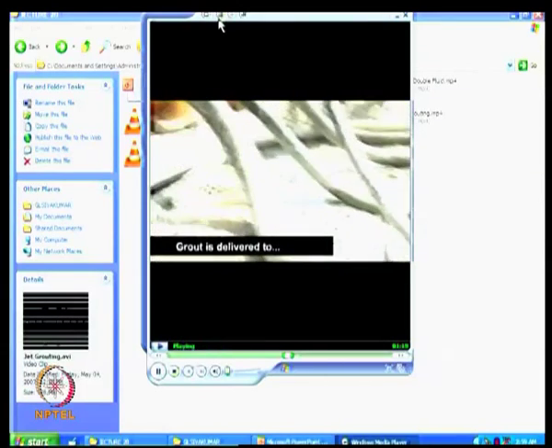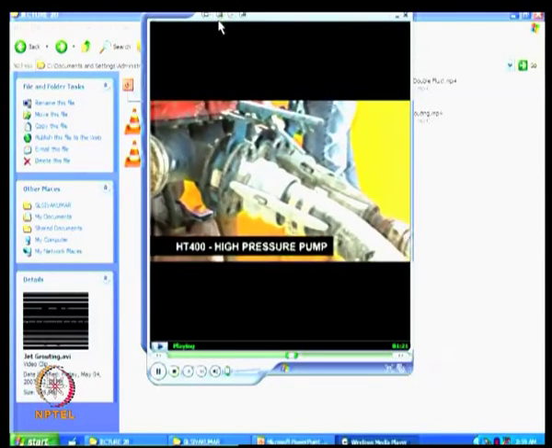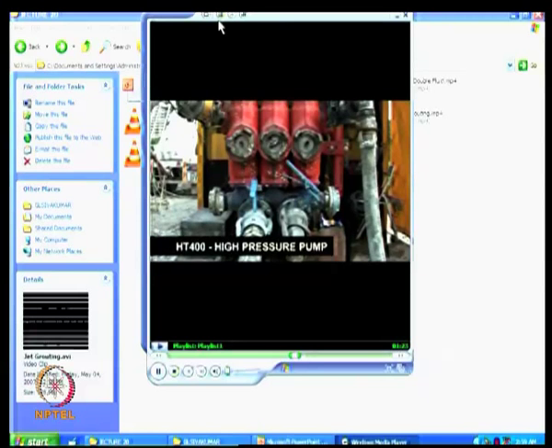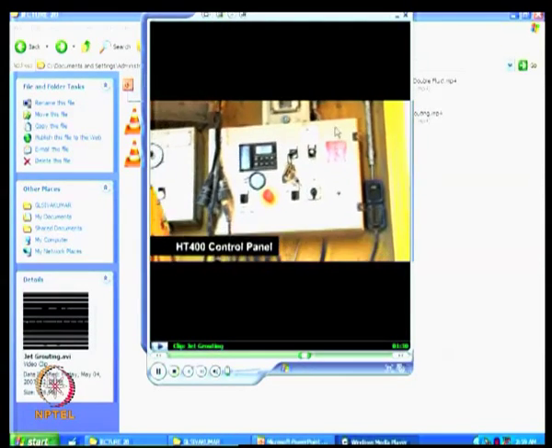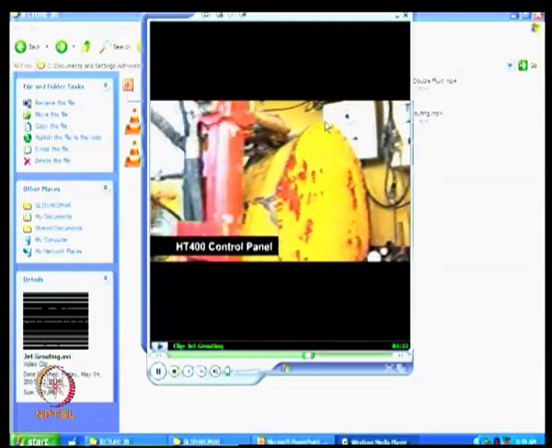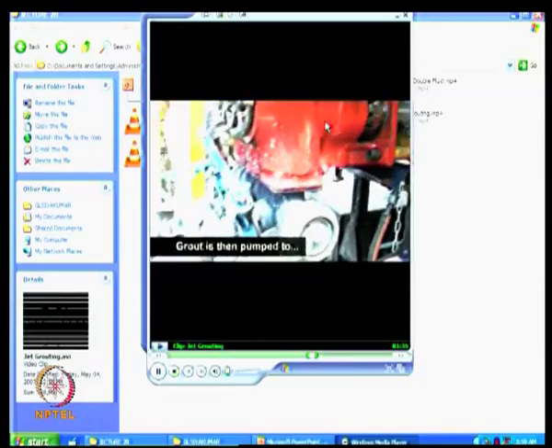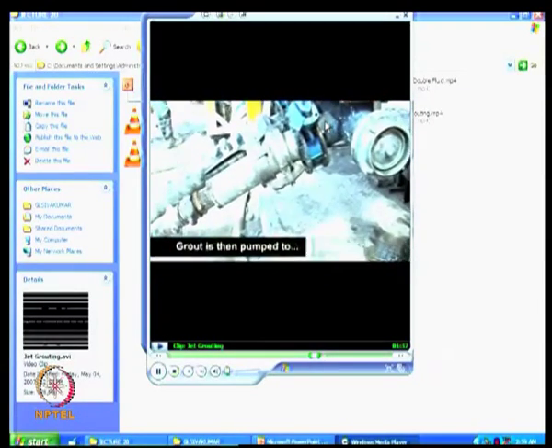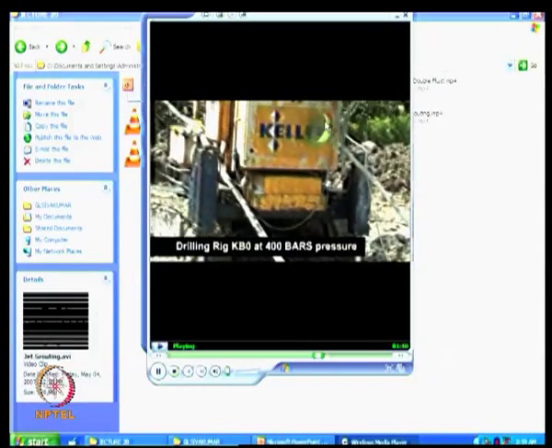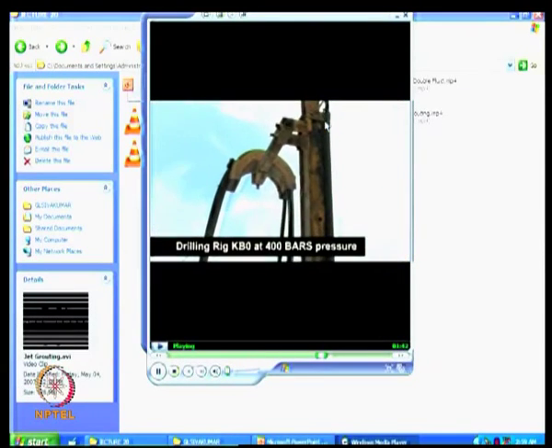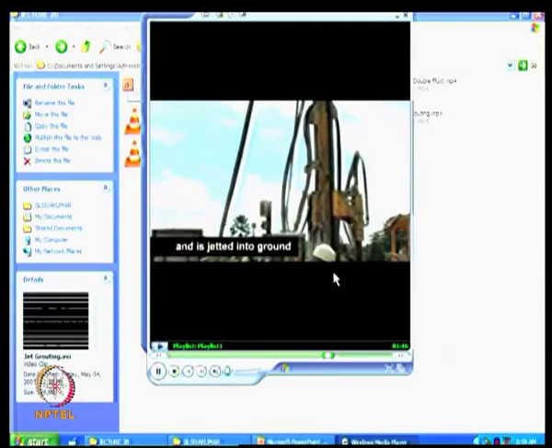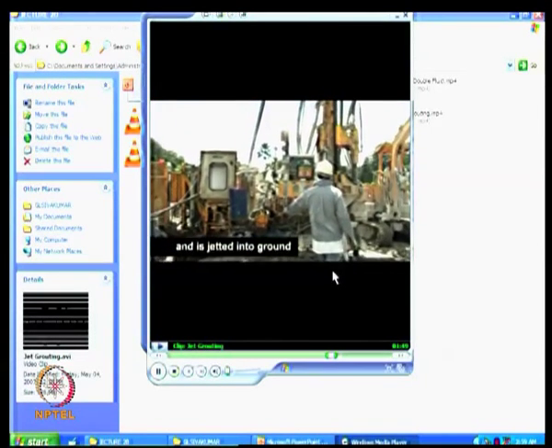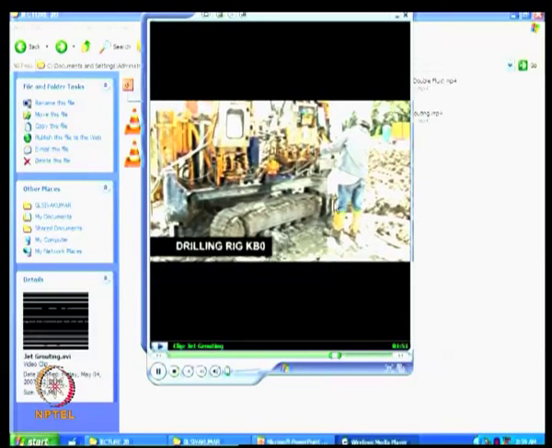The grout is delivered in the pipes, then there is a high pressure pump to control the pressures. Actually, you have a control panel and all that. Grout is then pumped to the rig, allowed to go into the ground.